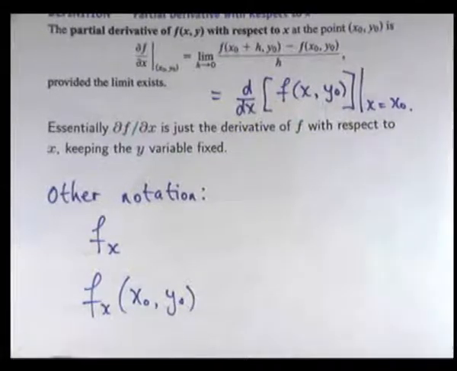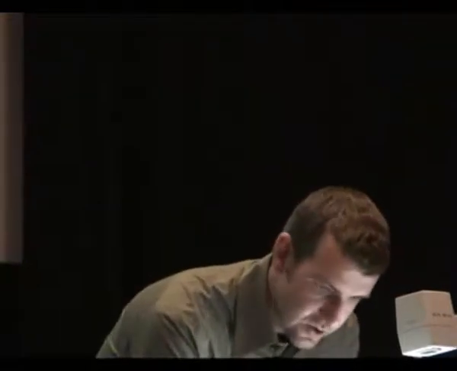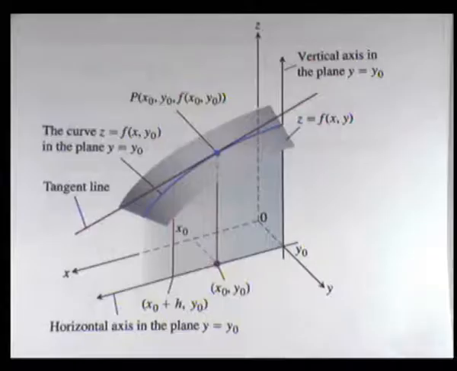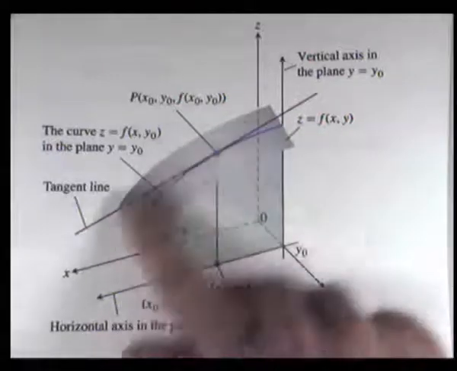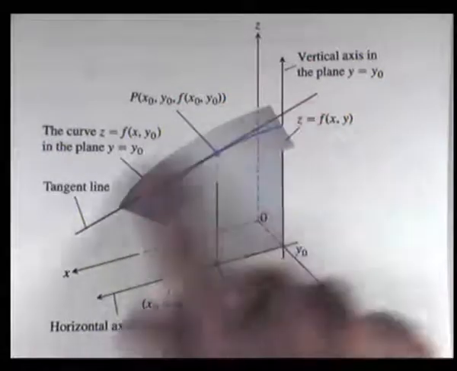Let's continue talking about what this partial derivative means. At school, when you take elementary calculus, you interpret the derivative as the slope of a tangent line. So is there something similar in this partial derivative setting? The answer is yes. Here this grey region is your surface.